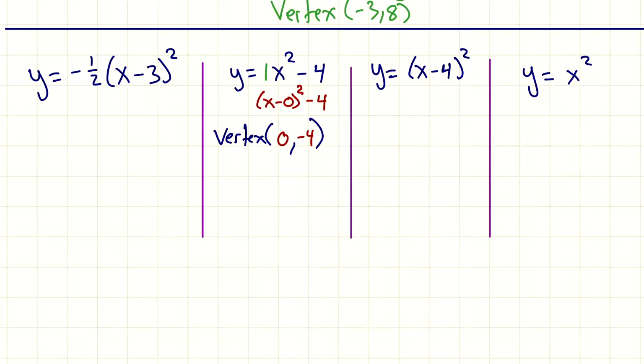All right, that's different than this other equation right next to it, where you notice that -4 is actually in the parentheses. So in this case, if we wanted our vertex on this one, this would be actually 4, right?